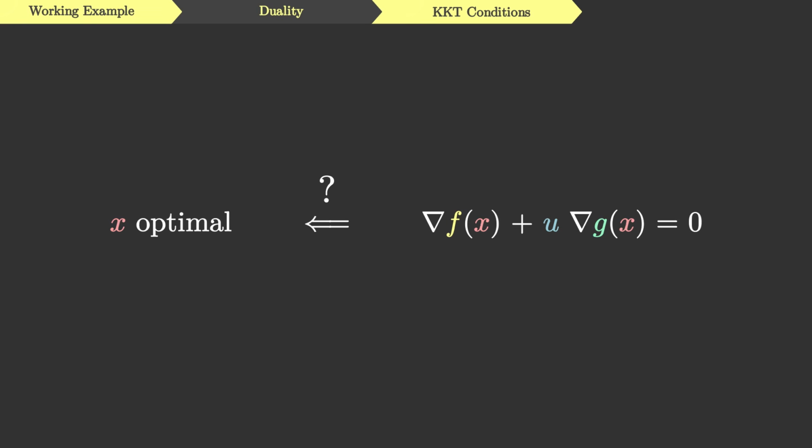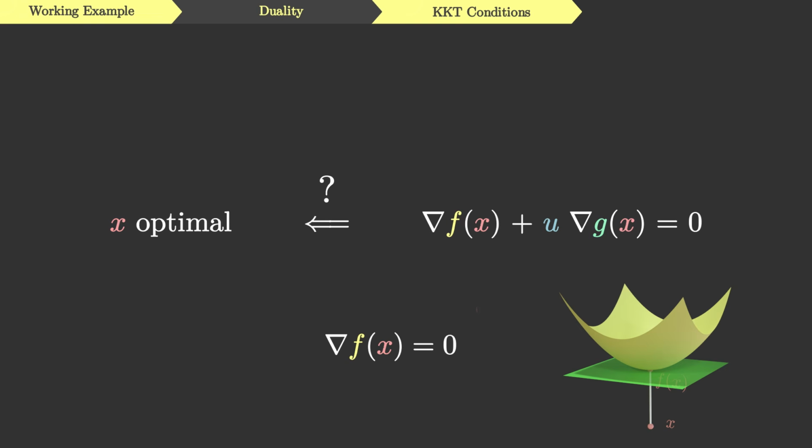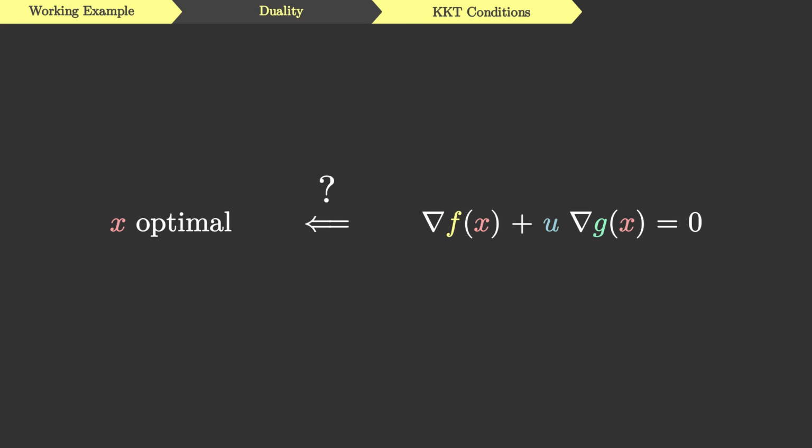After all, for unconstrained optimization problems, grad f equals 0 guarantees that x is an optimal solution. Unfortunately, it turns out that this implication is not quite true, and you need additional assumptions on x and u to make it hold. On the bright side, however, these additional assumptions are quite natural, and they are as follows.